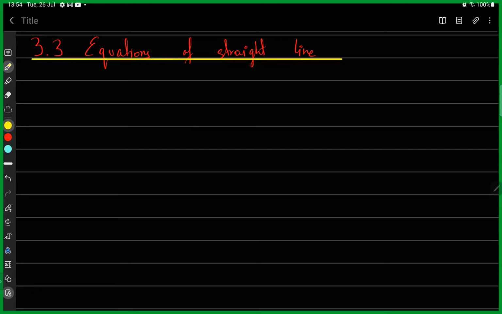Okay, now we all know that when it's about the equation of a straight line or a linear equation, this is how we write it down: y equals mx plus c. Why is it linear? It's linear because the power of x is 1.